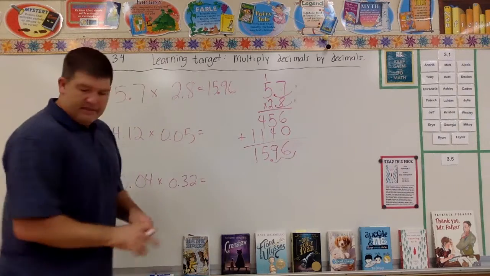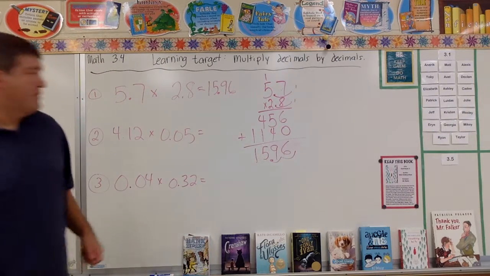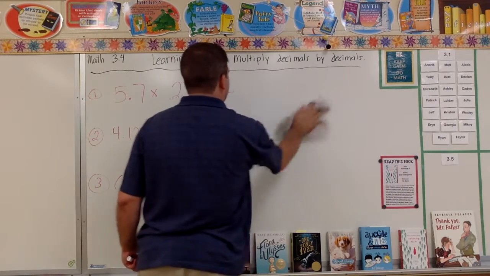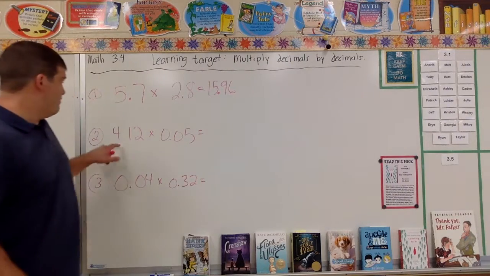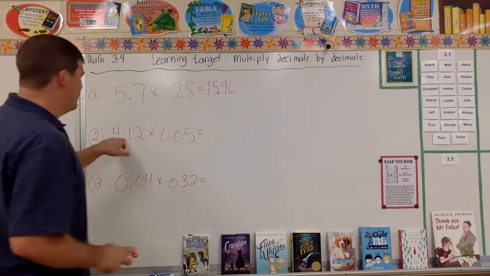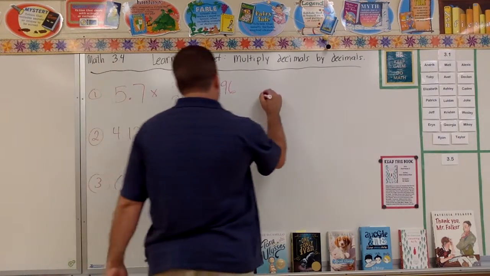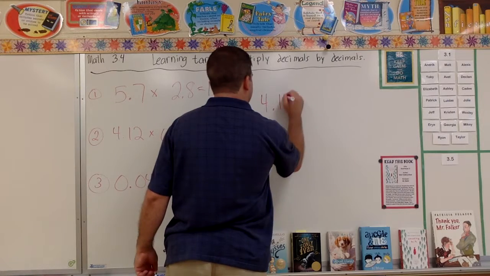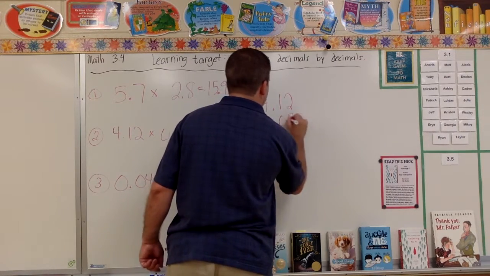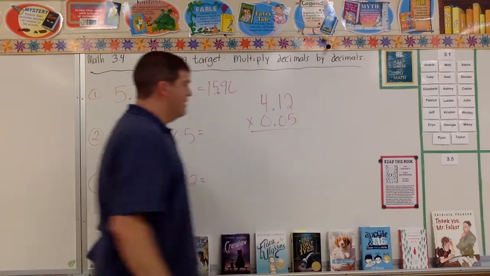Okay. Let's keep practicing. Let's do another one. Okay, so here I have 4.12 times 0.05. I'm going to put this number on top. 4.12 times 0.05. Okay.